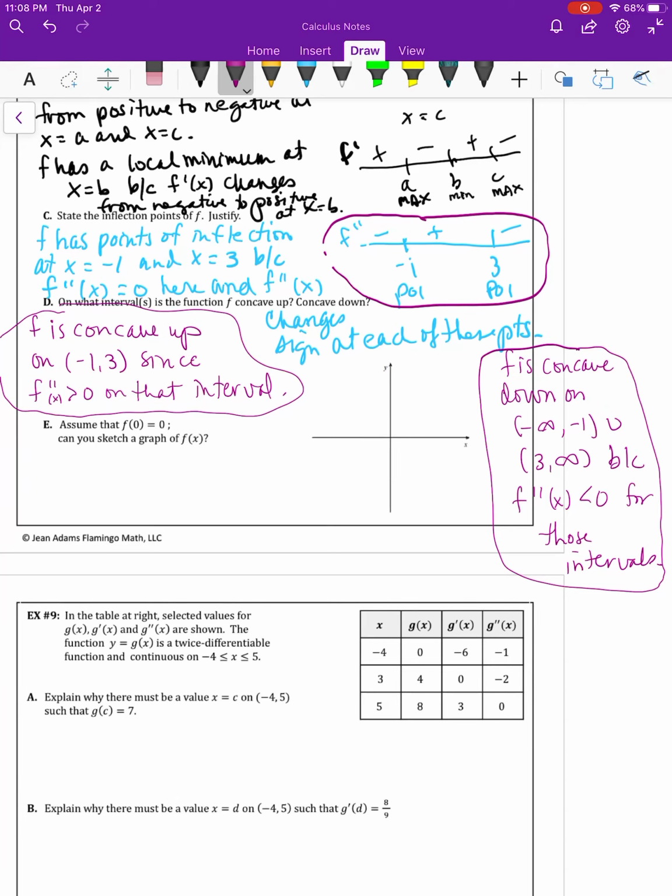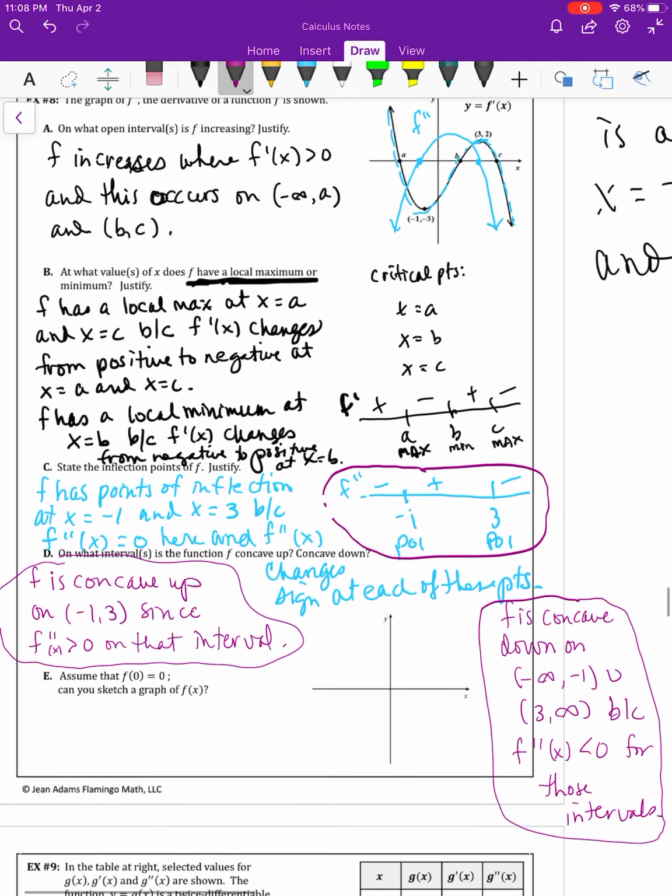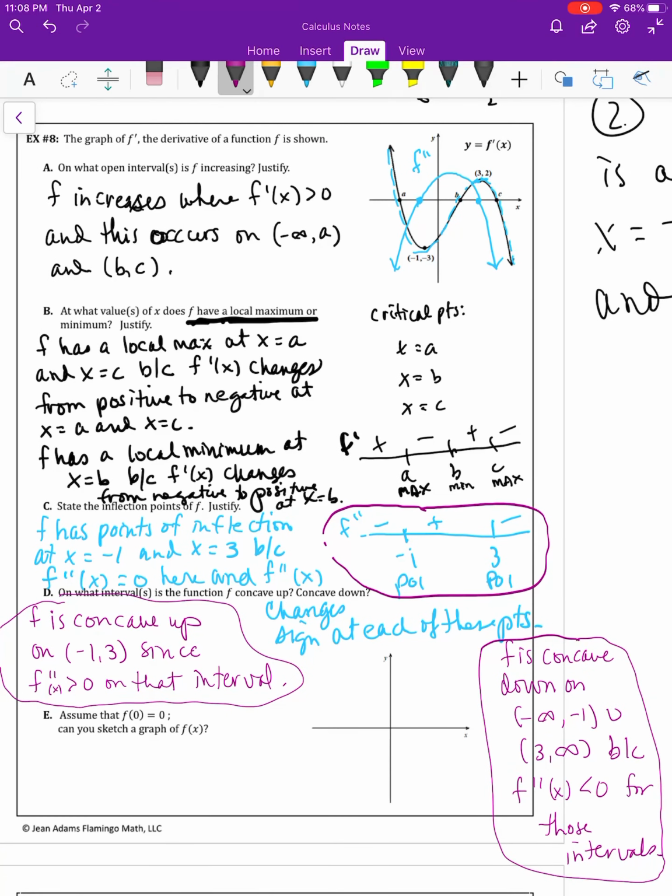Part E, it says, assume that f of 0 is 0. Can you sketch a graph of f of x? So we know a lot about what's going on. We know that we have these critical points where A is a max, B is a min, and C is a max.